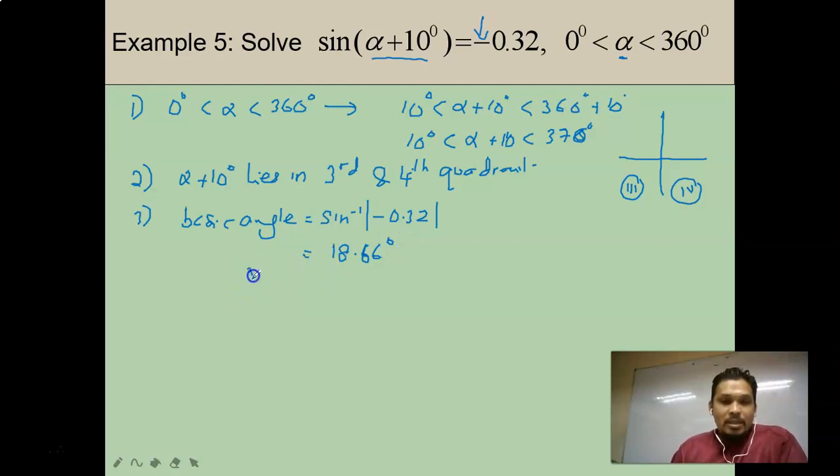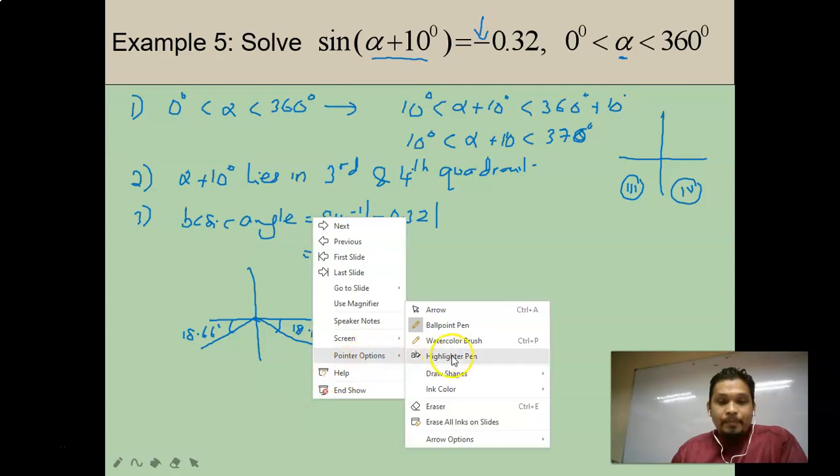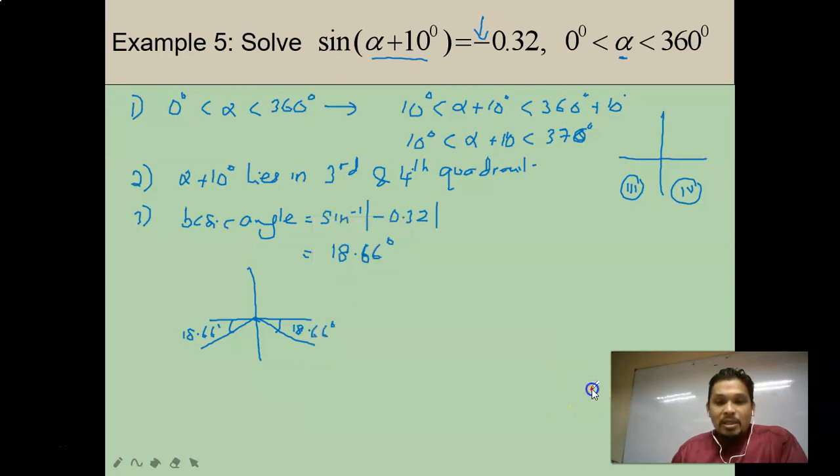Okay, so that means we imagine 18.66 here and also here. Now we use a different ink as usual. The angle that we're looking for is from here, 180, and ends up here. And another one ends up here.